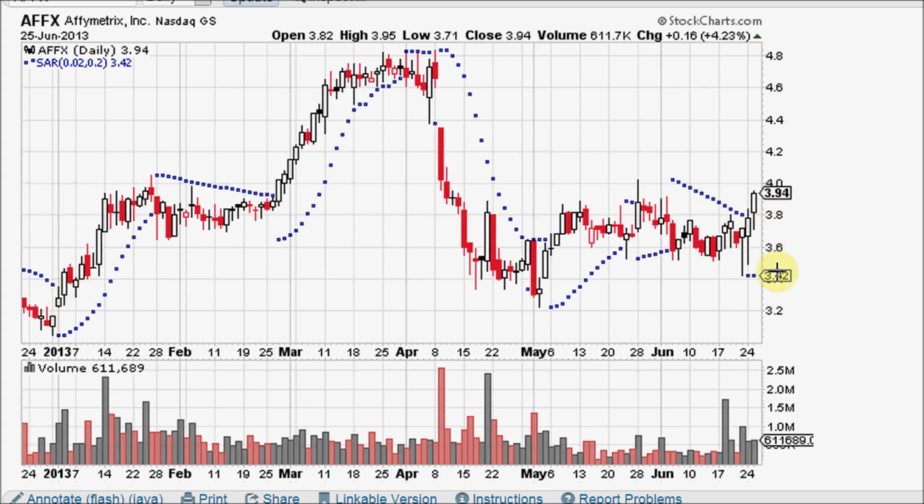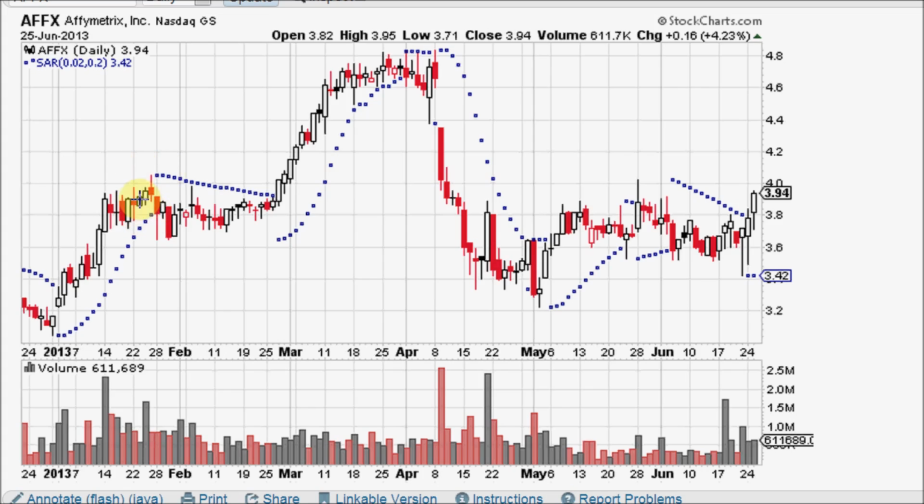So you were in at 3.40 and sold at 3.80 on this white candle. That is a 40-cent gain on a 1,000 share trade. You just made $400 just by buying the second day of a SAR flip and selling the second day of a negative SAR flip.